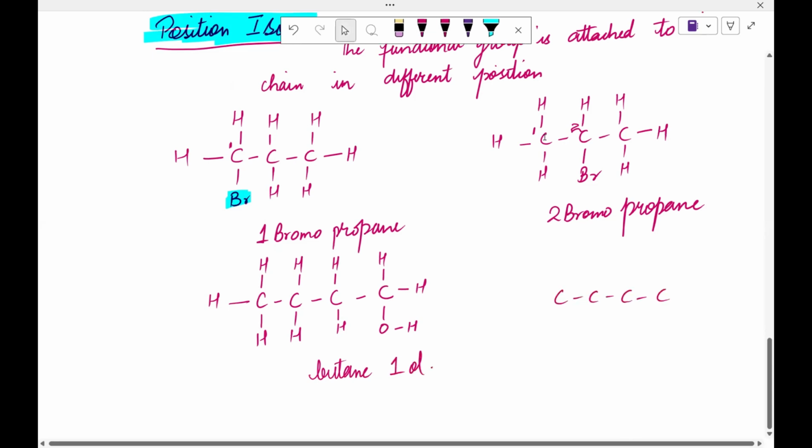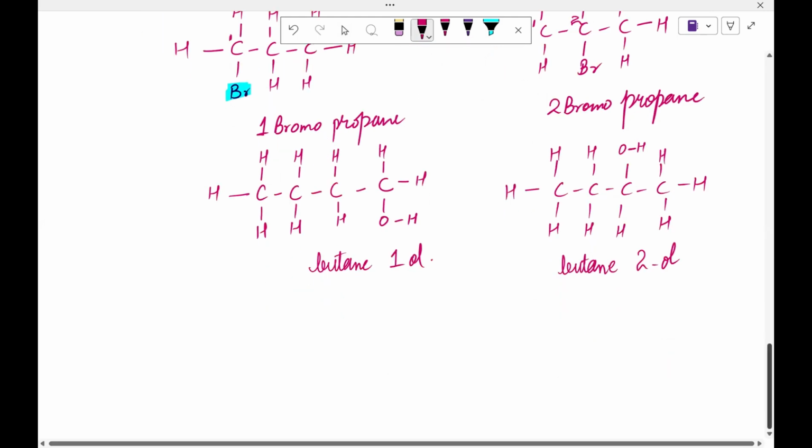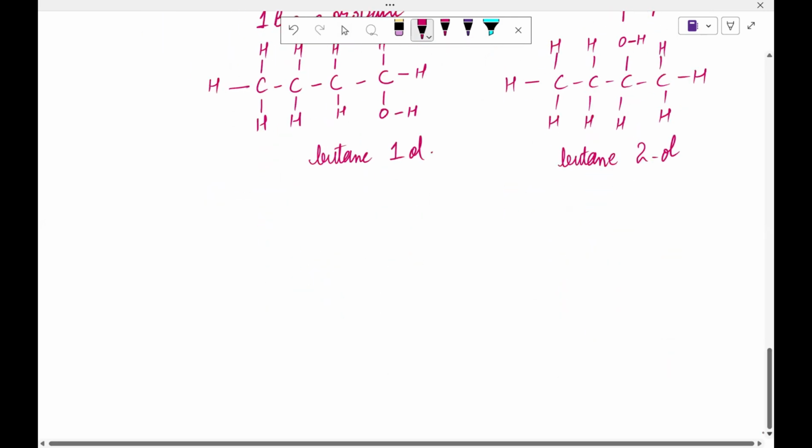Now the position of the OH group would be changed. It would come here, the remaining would remain the same. And how are we going to name it? Butan-2-ol. So again, we have seen that the position of the functional group is different.